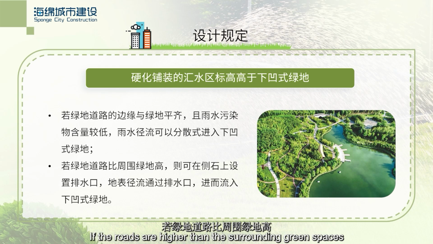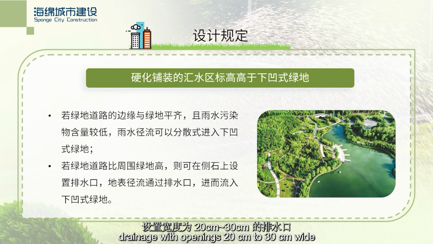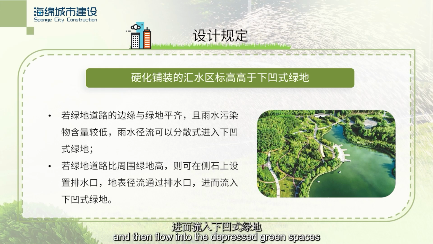If the roads are higher than the surrounding green spaces, drainage openings can be set on the curbstones around the catchment areas, with openings 20 to 30 centimeters wide, allowing surface runoff to enter filtration or transfer facilities and then flow into the depressed green spaces.